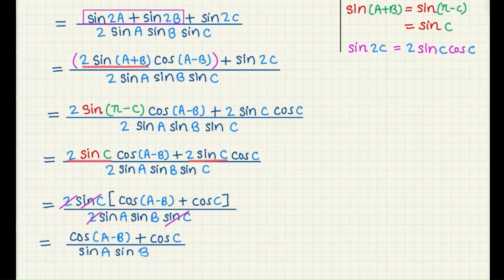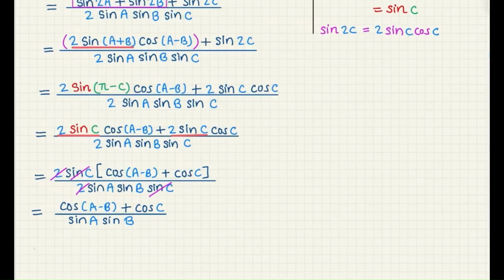Can we simplify it any further? To simplify the expression, we need to either combine or cancel the terms. And now we have only the angles A and B in the denominator. So what are we going to do?